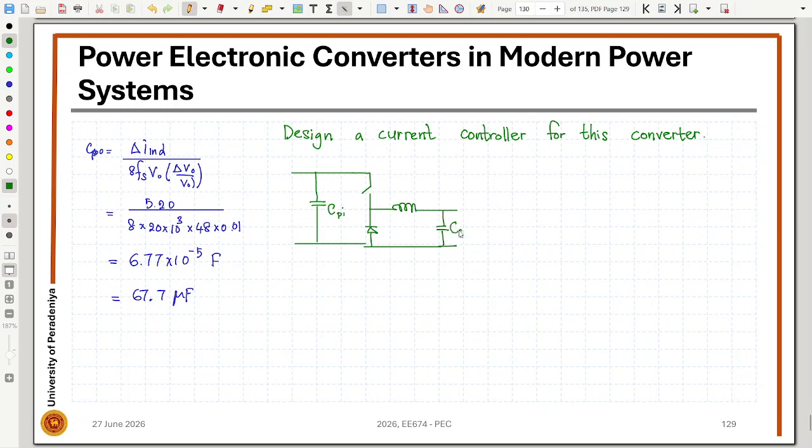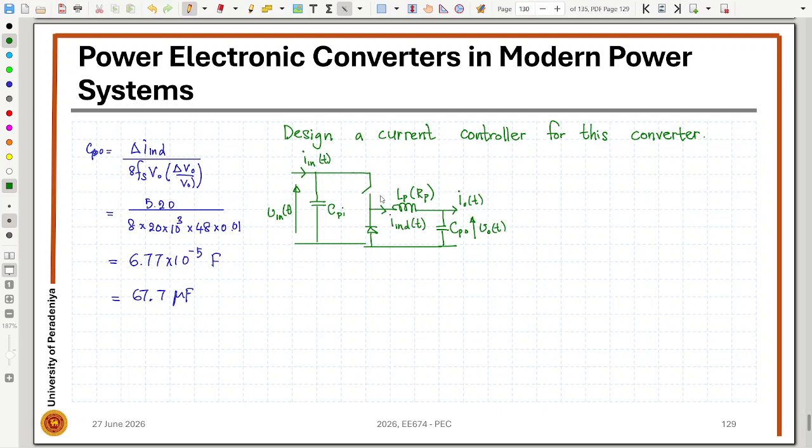We have the output capacitor, inductance, and if we take the internal resistance as Rp, we have the output current, and then we have the output voltage, input voltage, input current, inductor current.